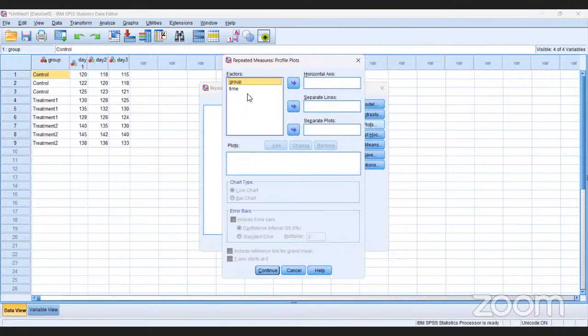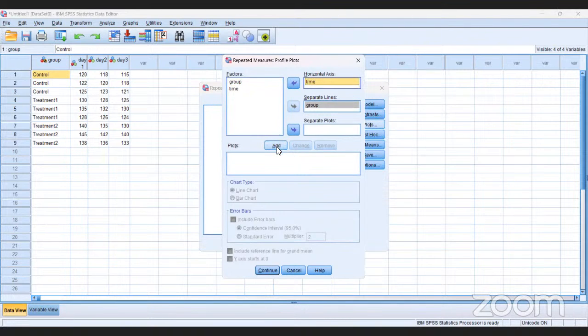So it is written group. Group as the separate line and time is horizontal axis.